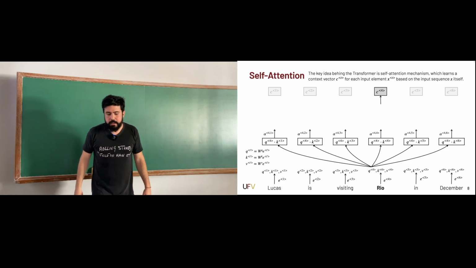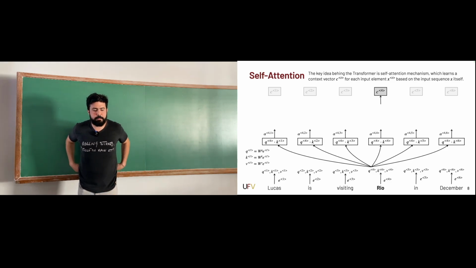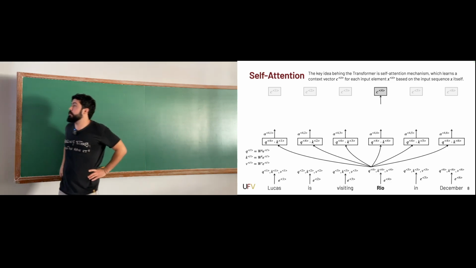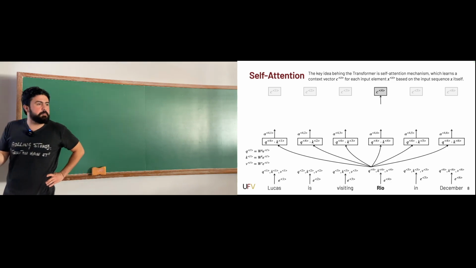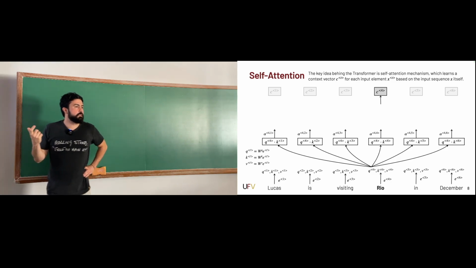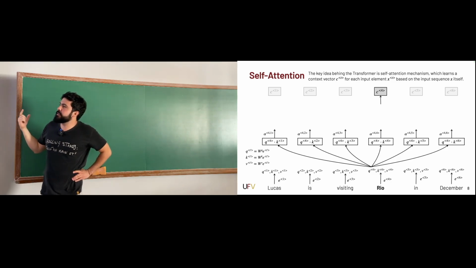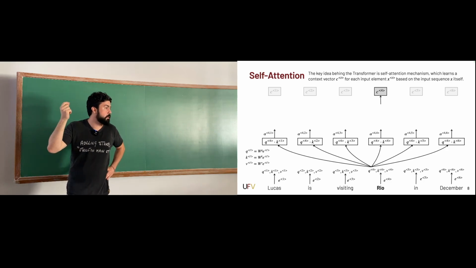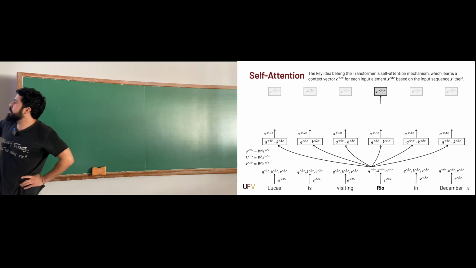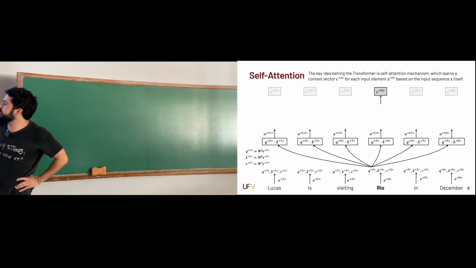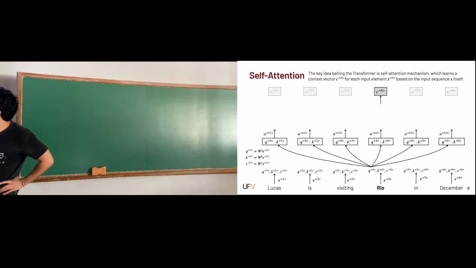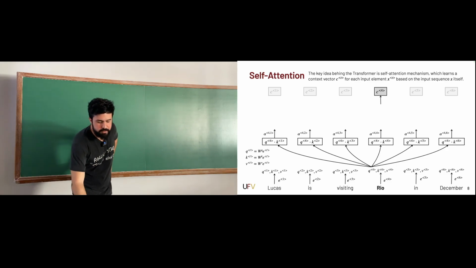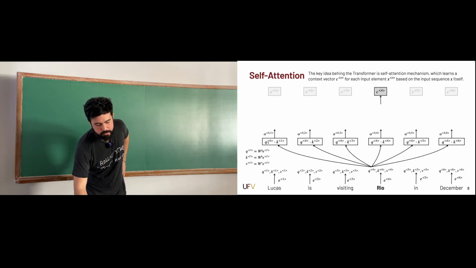So now, similarly to the Bahdanau attention, we're going to produce alpha weights, and here it's actually simpler. We're going to produce alpha weights by just doing a dot product between Q and K. Note how the query here is the word Rio, so I have Q4 in each one of these dot products.